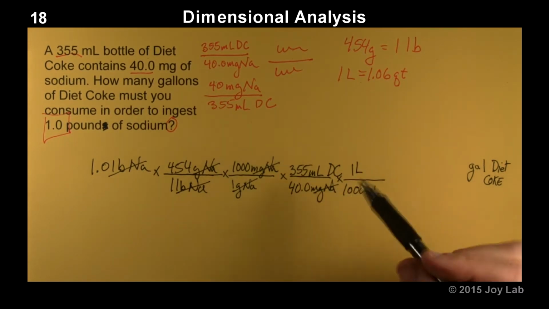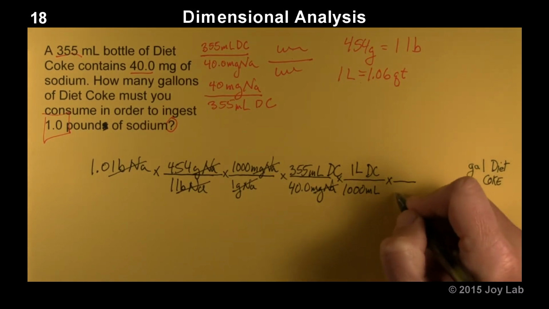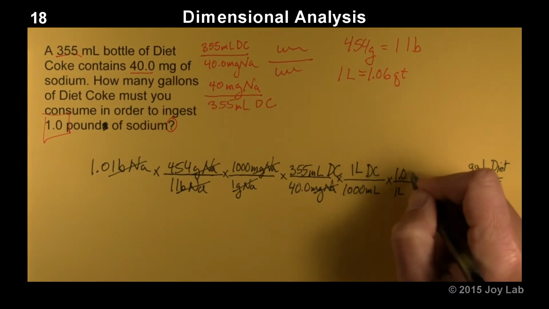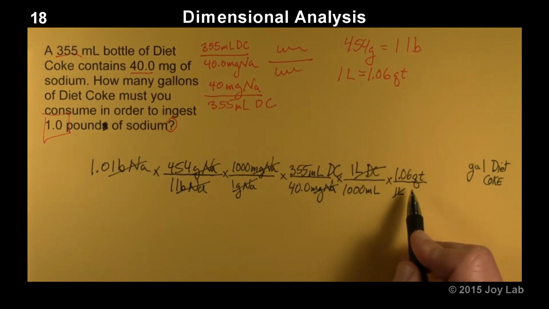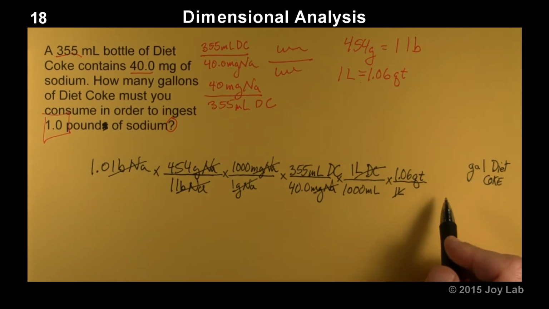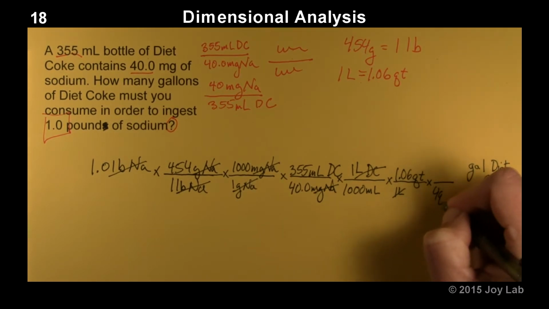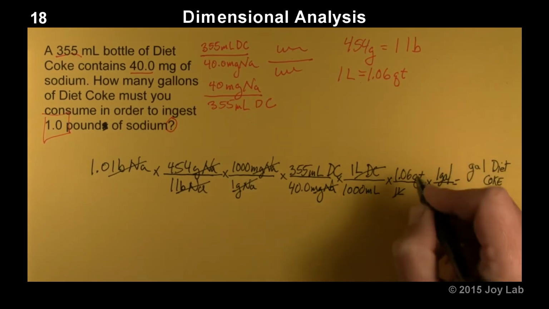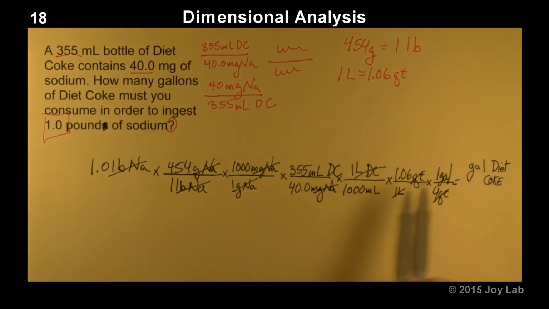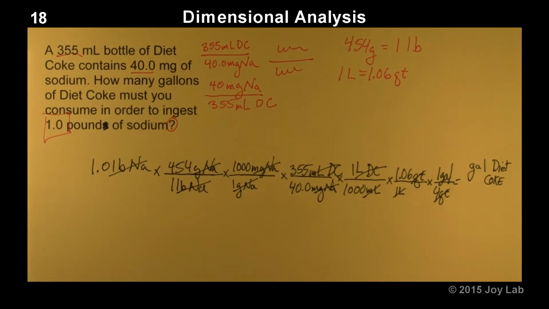So this is liter of Diet Coke. We know that 1 liter is 1.06 quarts. So now I'm into quarts of Diet Coke, but how many quarts are in a gallon? 4 quarts. So I know that there are 4 quarts in 1 gallon. Cancel my units. Gallons of Diet Coke are left. Looks good, so now it's a matter of calculating.